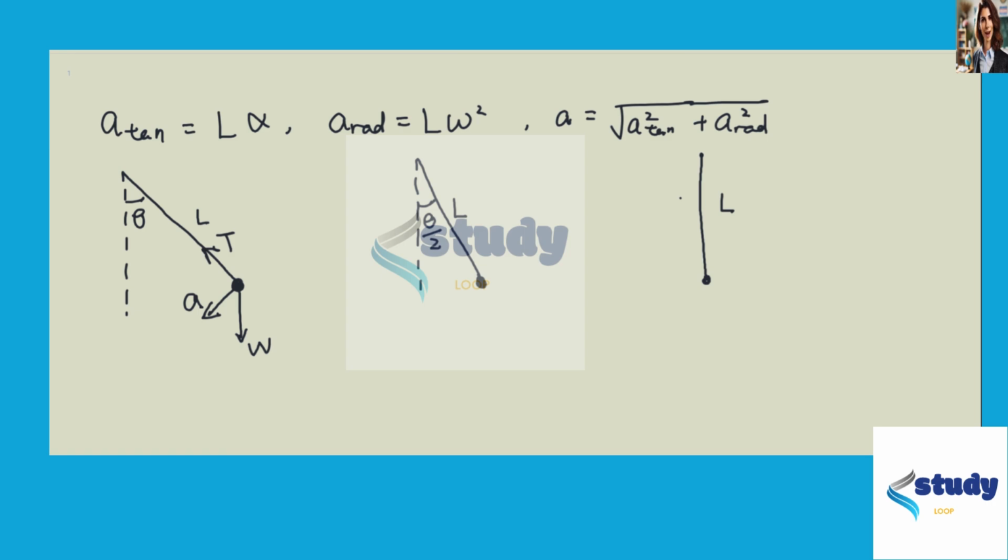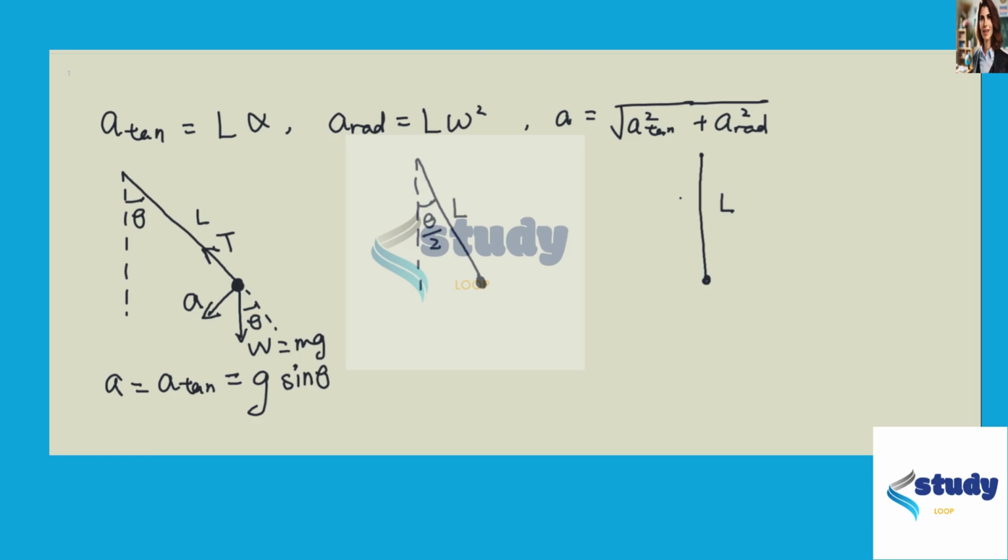So we know that the acceleration is equal to the tangential acceleration in this situation. This angle is theta, so this angle is also theta, so this is equal to mg. So the tangential acceleration is going to be g sine theta, right?